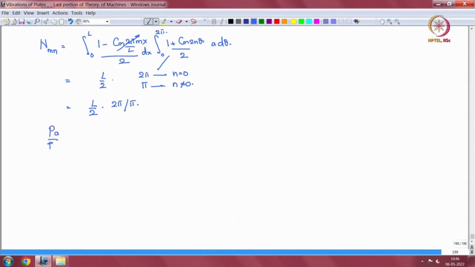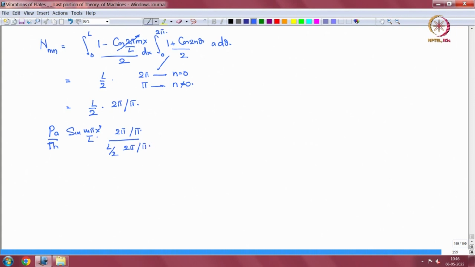PA by rho h sine m pi x star by L, and the other part was 2 pi or pi. Here I have L by 2 into 2 pi or pi.